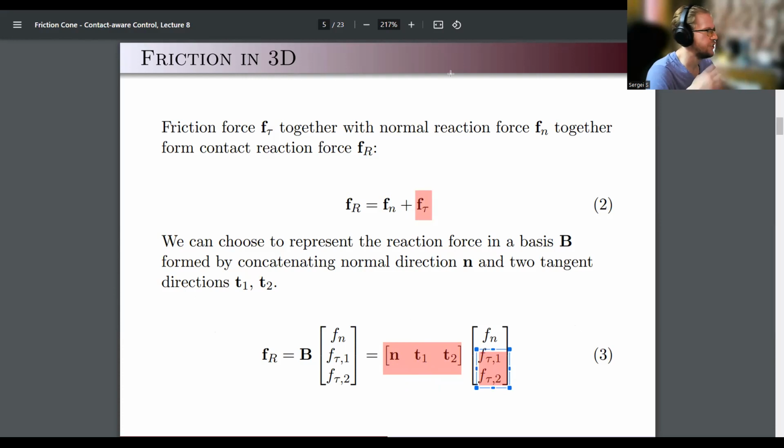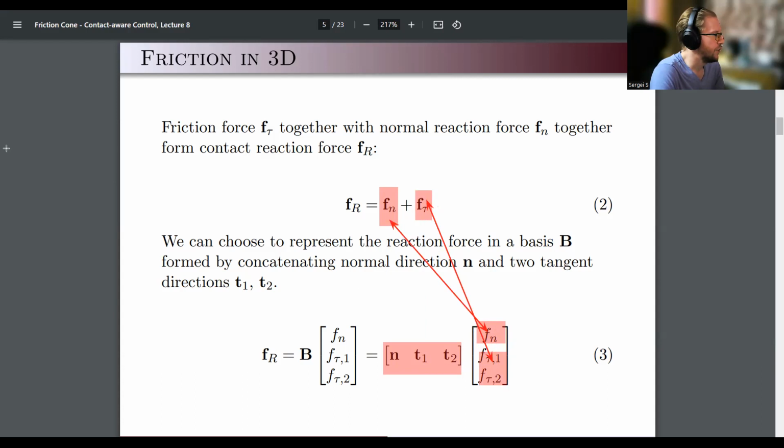Those norms will be equal to each other. The norm of Fn will be equal to the norm of Fn scalar. So their norms would be exactly the same.